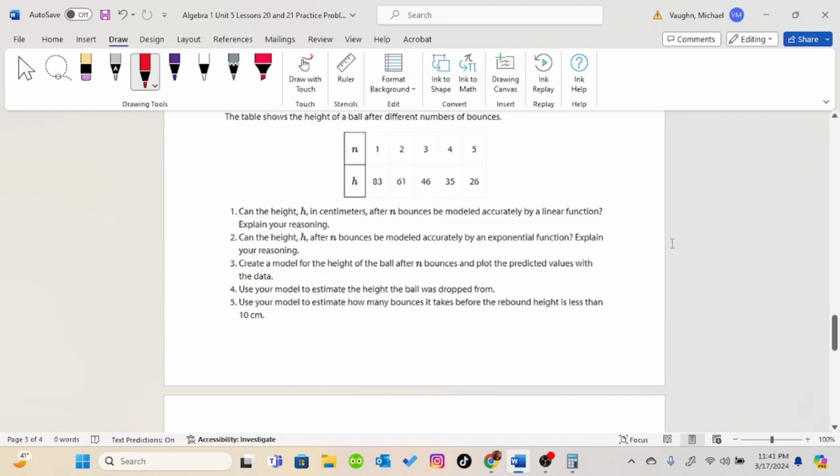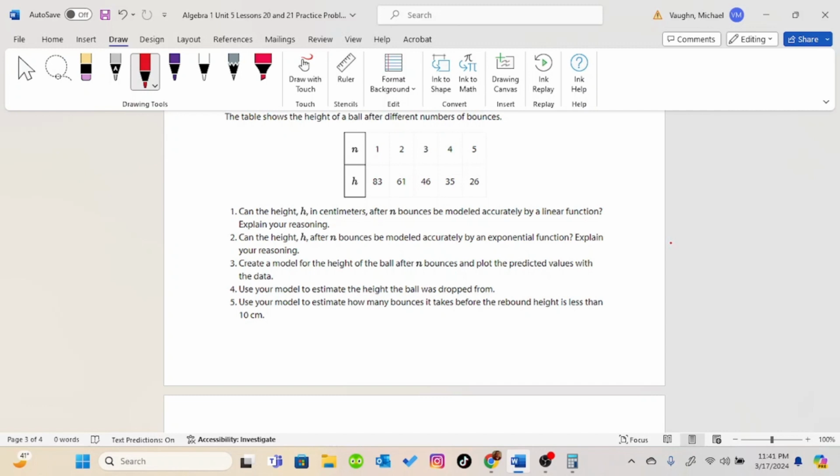The table shows the height of a ball after different numbers of bounces. Number 1. Can the height h in centimeters after n bounces be modeled accurately by a linear function? Explain your reasoning.